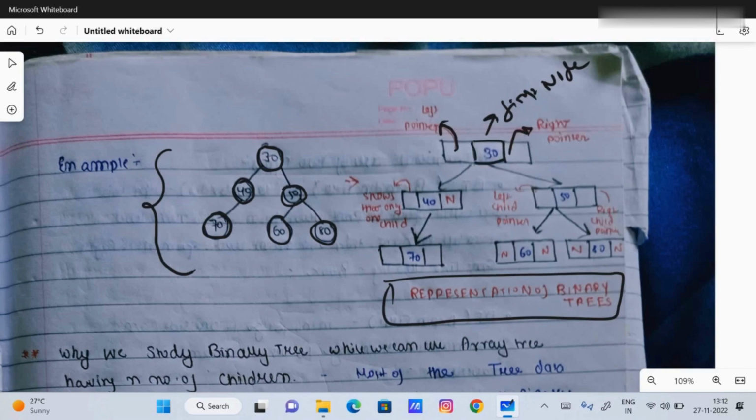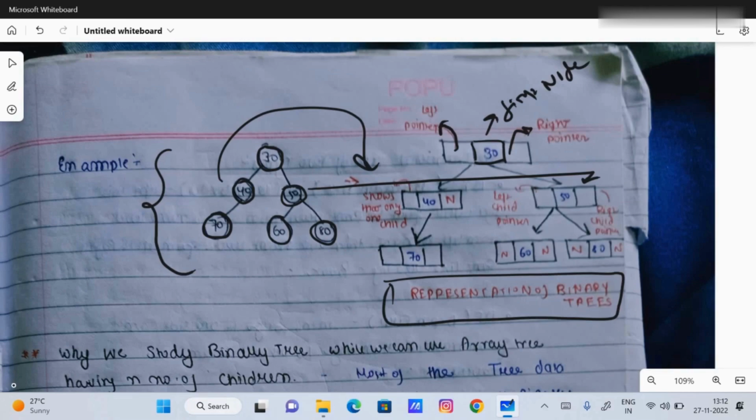Thereafter, representing this 40 here as a linked list, and representing this 50 here. Let me do it more clearly. This 40 is represented here, and since only one child is there, we have made only one linked list representation.